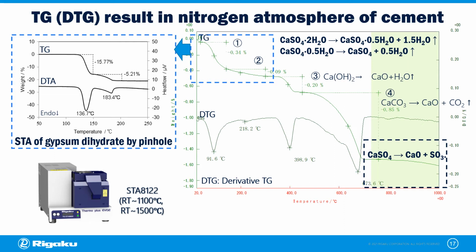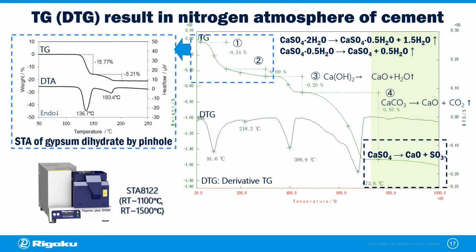Now let's analyze the complicated dehydration behavior of the first 2 mass losses. Looking at the TG and the DTG curves from room temperature up to 300 degrees centigrade, we can see 2 poorly resolved peaks on the DTG.